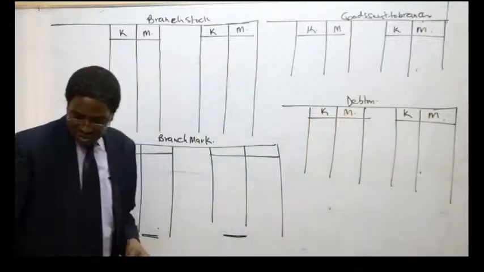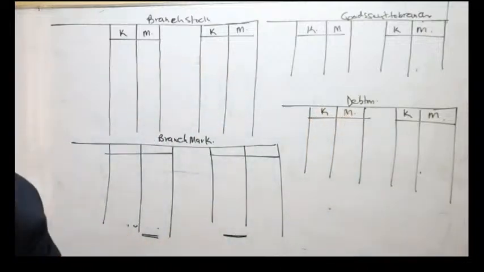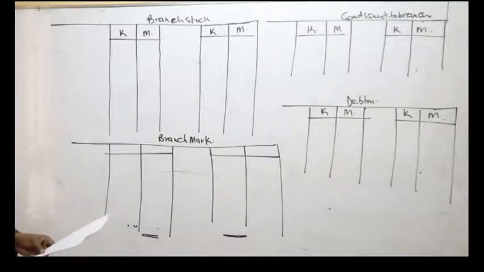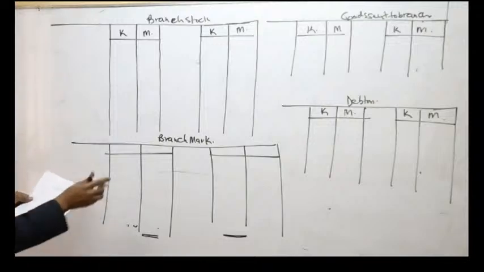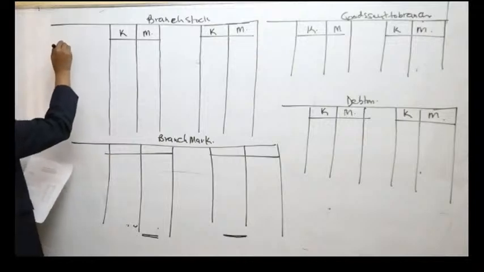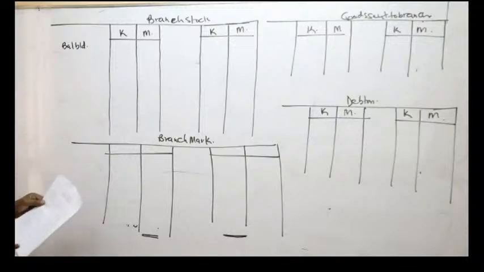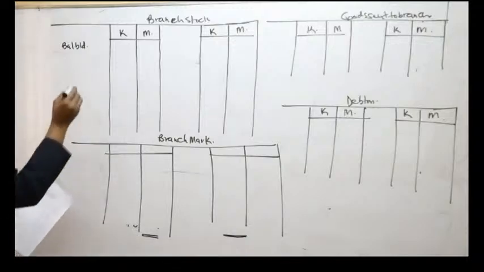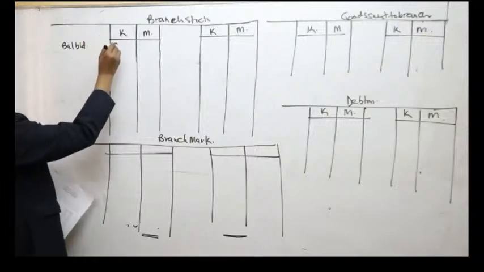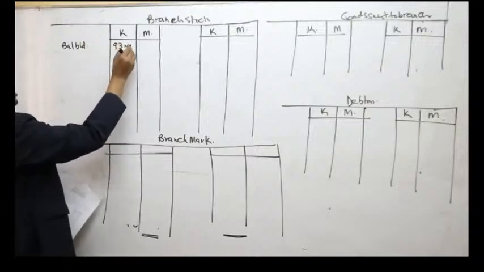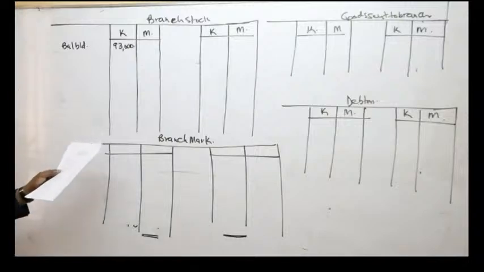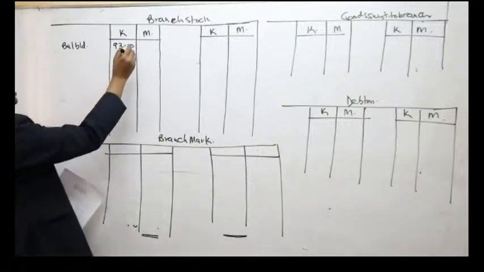So let's start. They have given us the opening stock, so we bring down the balances by the beginning. We come and see the balance brought down. And they're giving us opening stock at invoice price. Kisumu has an opening stock of 93, while Mombasa has an opening stock of 156.